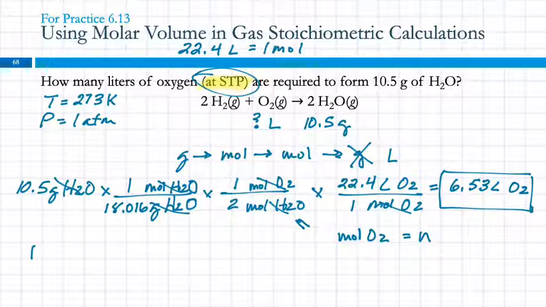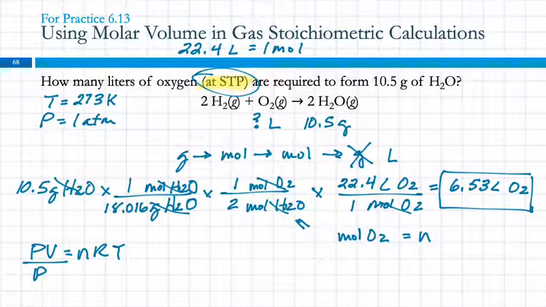So then I've got PV equals nRT, and I'm going to solve for the volume. So the volume is going to equal nRT divided by P. And I've got n and I always know R and T and P. Okay?